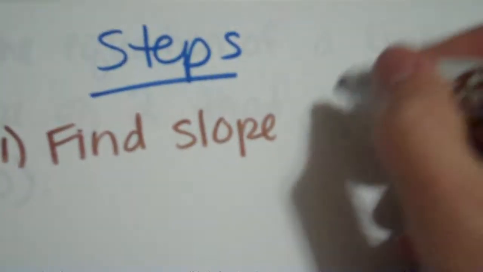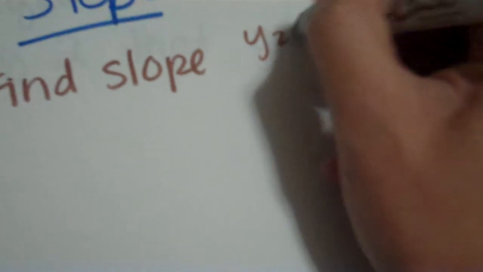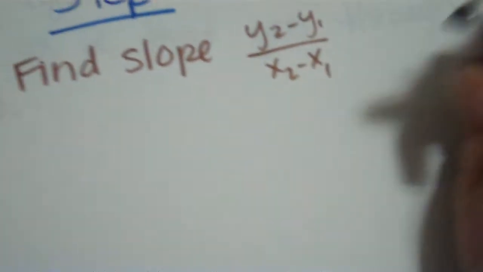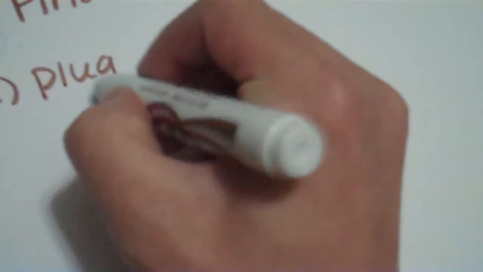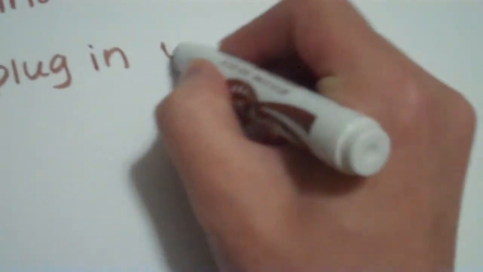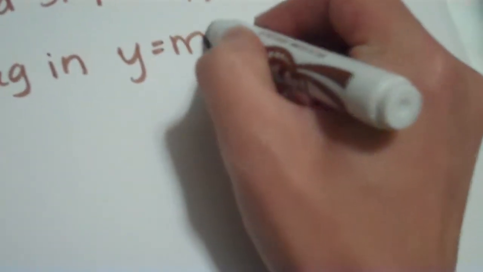So there's steps to this. The first thing is, if you need to, I need you to find slope. On some of them you don't need to do that, and on some of them you do. What I mean by find slope is you do y2 minus y1 over x2 minus x1. Okay? The second thing you do is you plug into y equals mx plus b and solve.